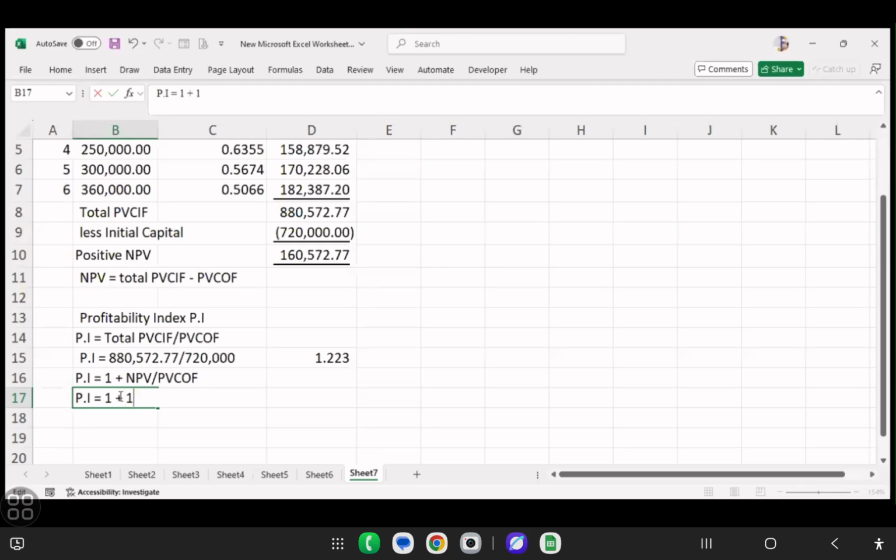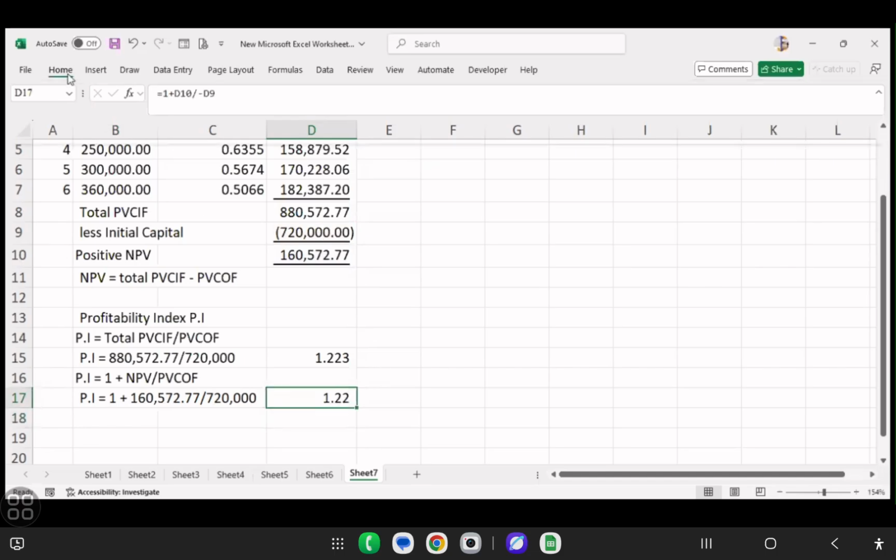It is equal to 160,572.77 divided by the initial capital outlay, 720, like that. It should give us the same, equals 1 plus, we take the NPV divided by the initial capital outlay. It is giving us the same. So those are the two options of determining the profitability index.